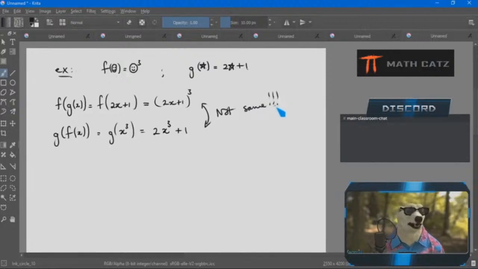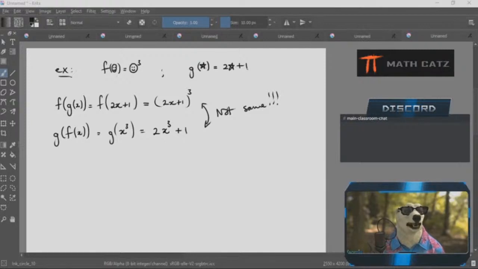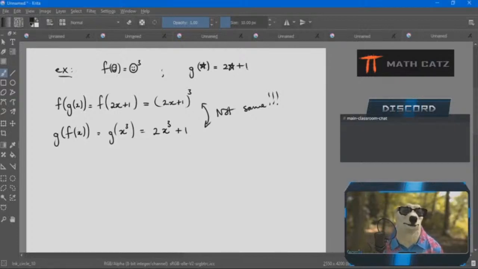Now, in rare circumstances, they might be the same, but for most cases, they're just not the same, which tells me the order in which I compose these functions, the order in which I nest these functions inside each other matters a lot. It completely redefines the function.